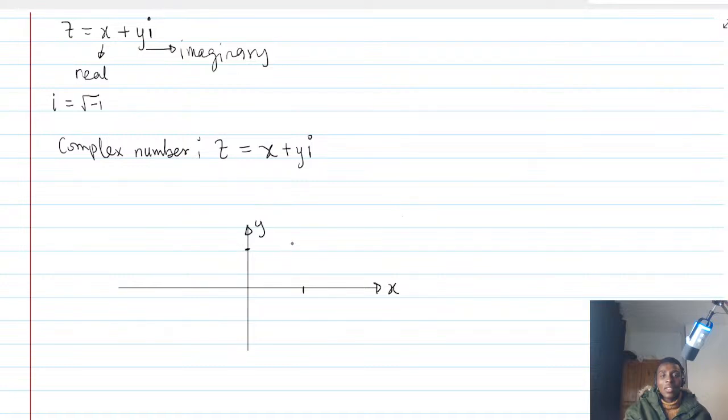So in other words, this is like saying that you have got a component along the x, and then you have got a component in the y direction.